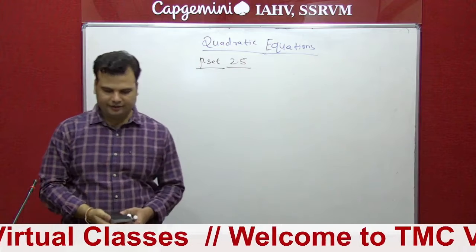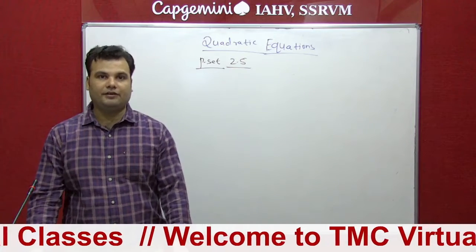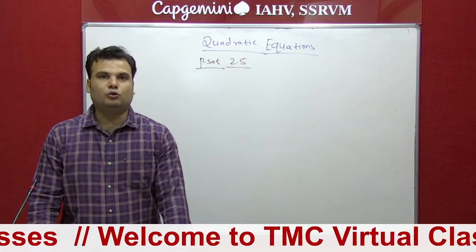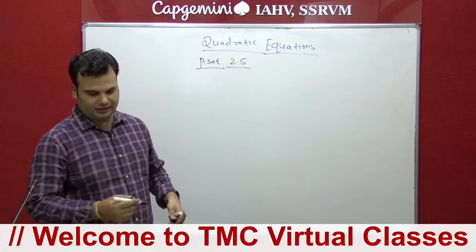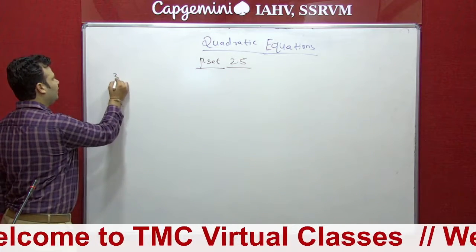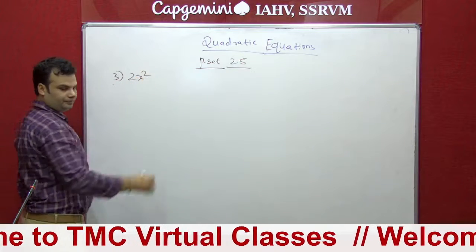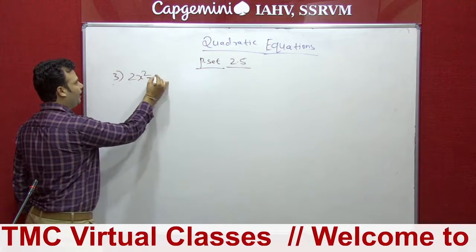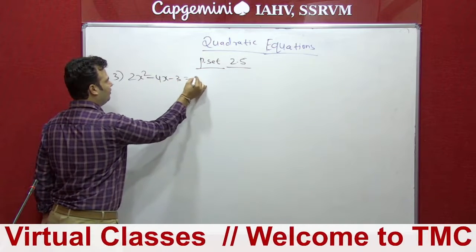The next part is, student, again it is given that alpha and beta are roots of the quadratic equation, third activity based question: 2x square minus 4x minus 3 equal to 0.